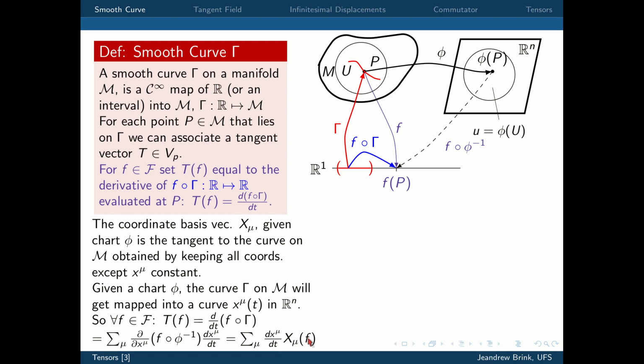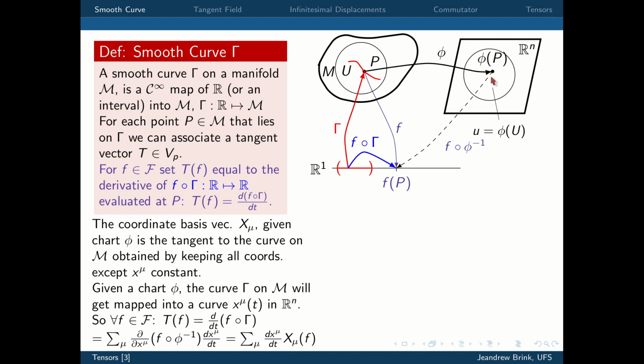So if you have a chart and you have this coordinate basis, the tangent vector simply has components of how the coordinates in R3 are changing with time, and then you multiply it with its coordinate basis itself. So it's exactly, once you have the chart, what you intuitively think of if you were thinking of the curve, not necessarily looking on the manifold, but its map from the manifold into R3.